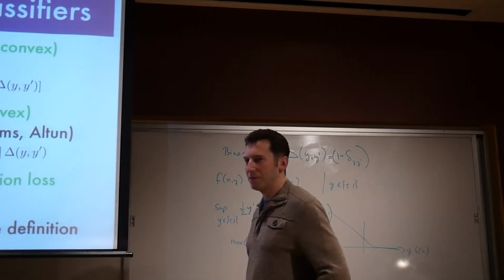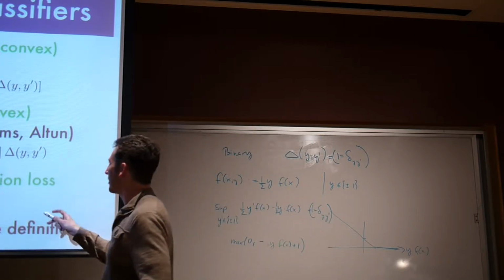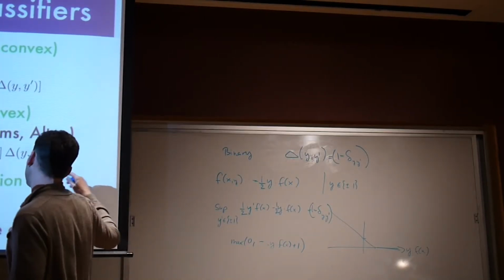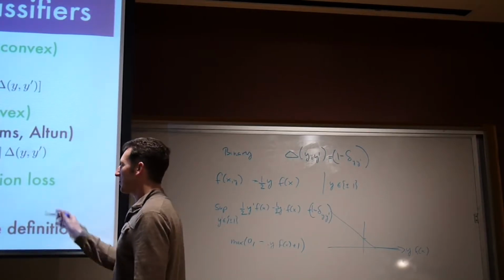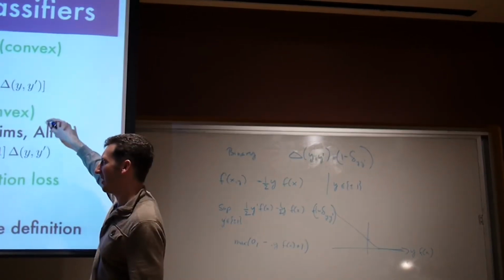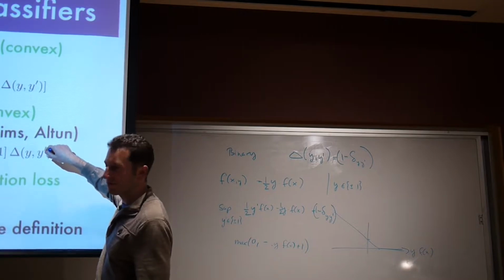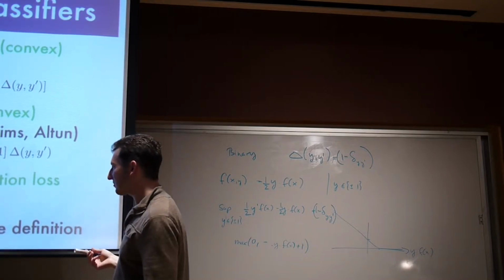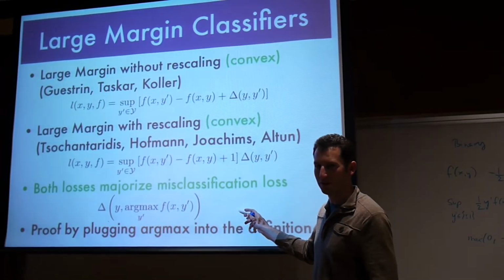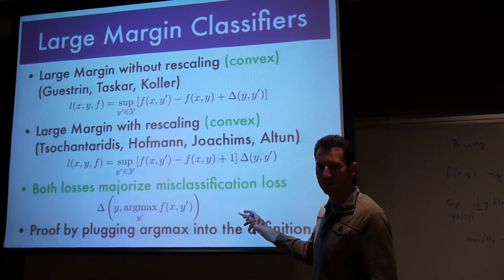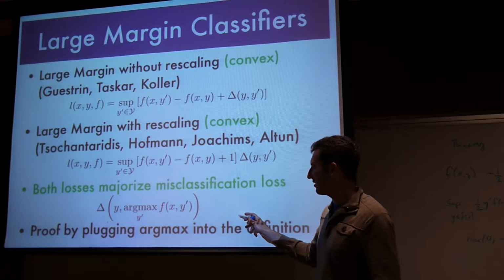Now the other thing that you could have done is rescale everything by this delta, and you could have gotten exactly the same expression out. So for binary, at least those three are equivalent. In general, they are not. And both of those things actually majorize the misclassification loss. And remember, we proved that.